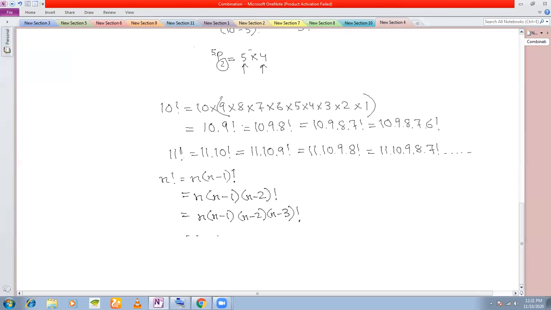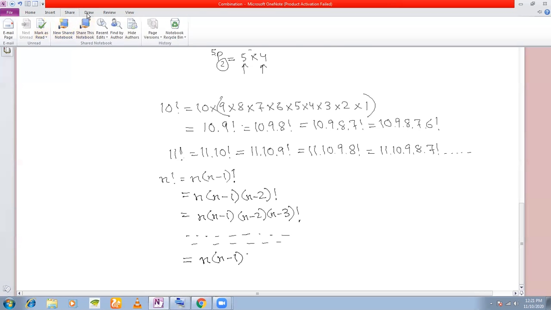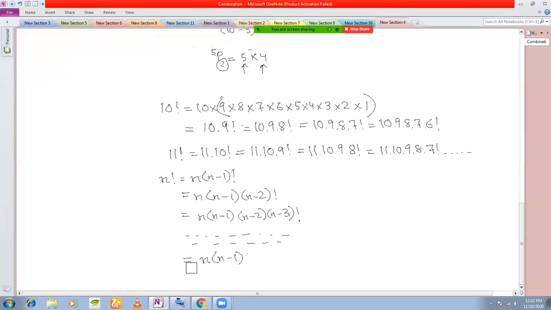Not this, not factorial of a number, but in fact, it can very easily be shown that NPR is equal to n into n minus 1 into n minus 2 up till n minus r plus 1.